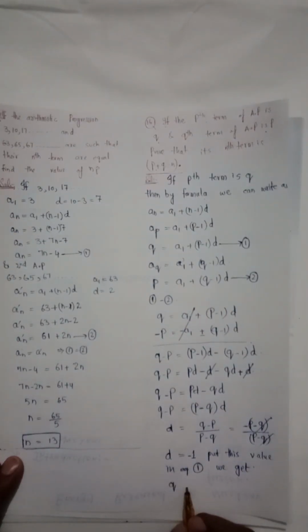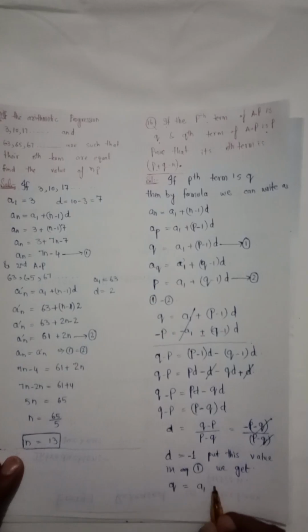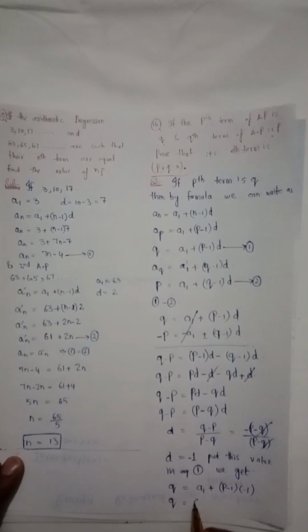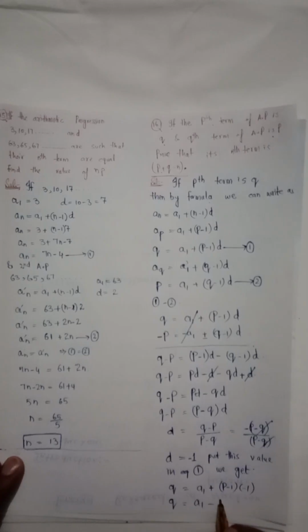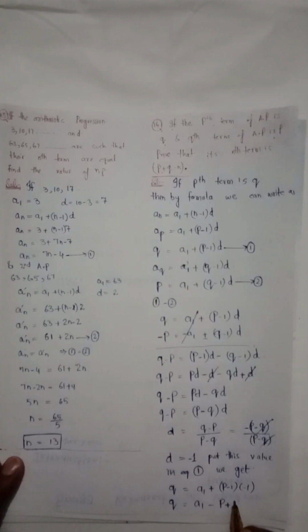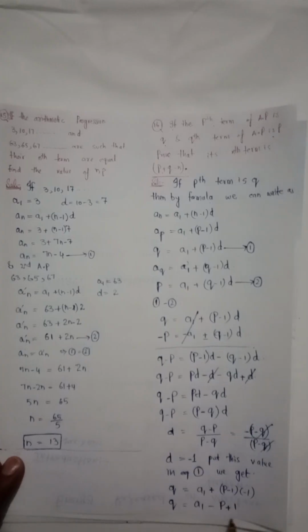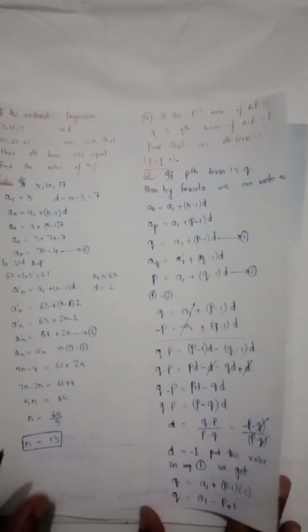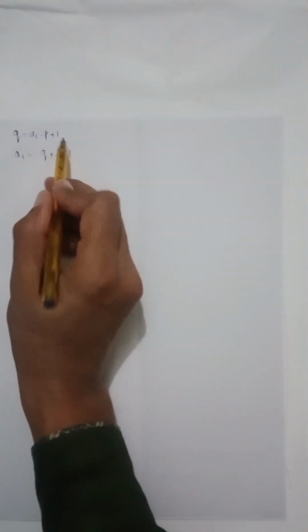We get q equals a1 plus (p minus 1) into minus 1, and q becomes a1 minus p plus 1.